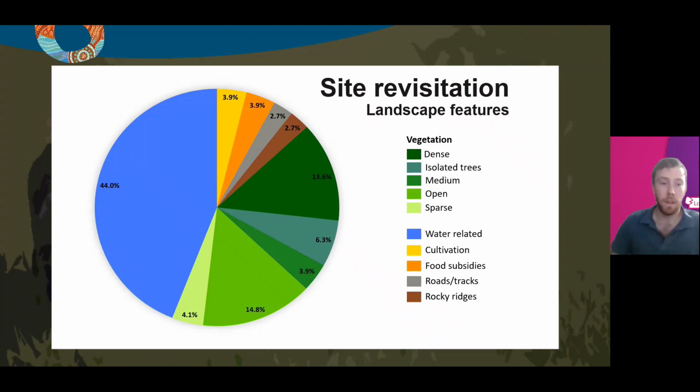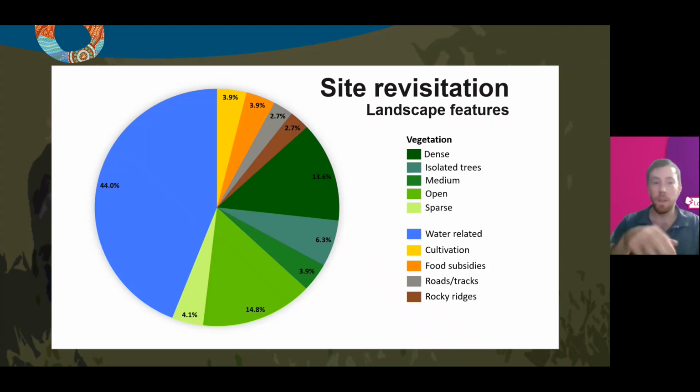Food subsidies, I should clarify, are places where pigs can access any non-natural food, so places like feedlots, dump sites, dead pits, human habitations, anywhere they could find a source of food that has derived from human activity.